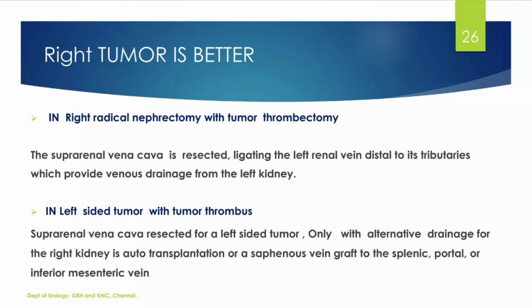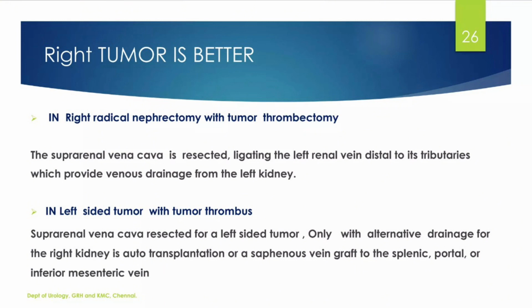Same is the scenario: if we have a tumor on the right side, we can ligate the renal vein for some time. But if you have a tumor on the left side, we will have no chance to ligate the renal vein alone, because there is no collateral, and the blood which is coming through the right renal artery will engorge the kidney.